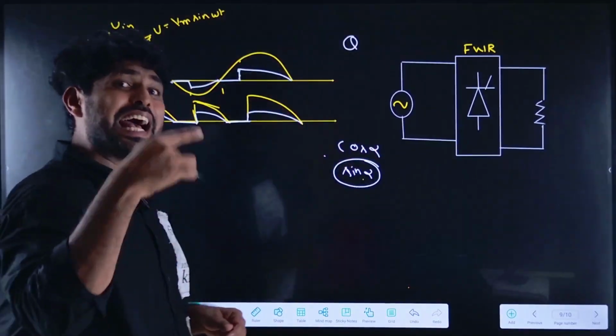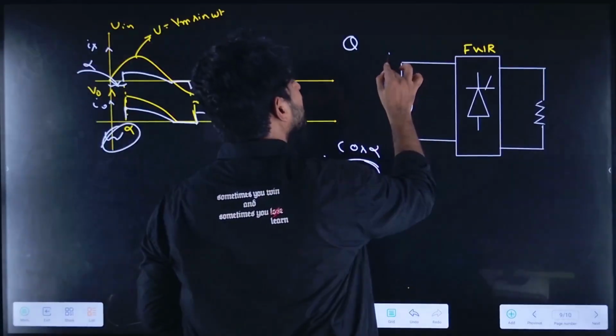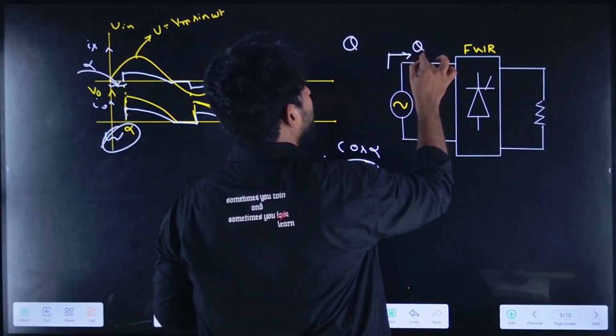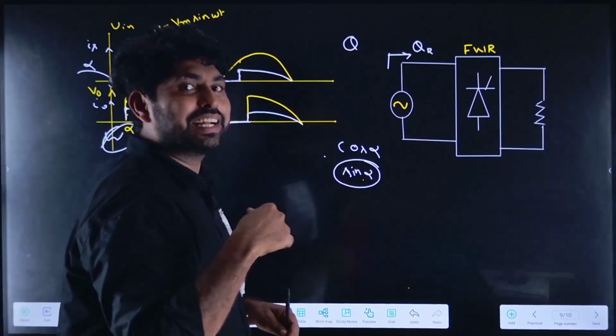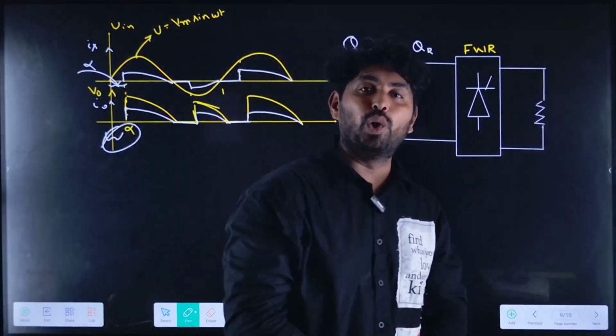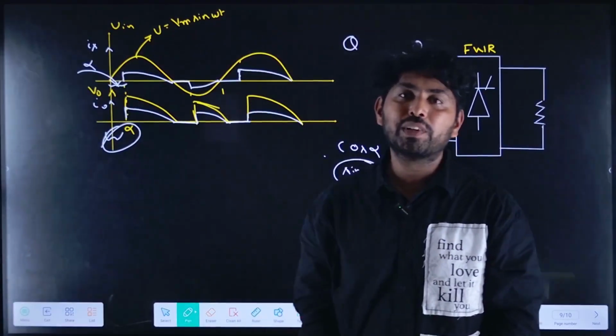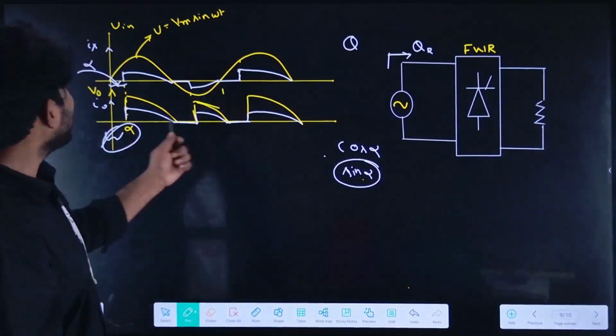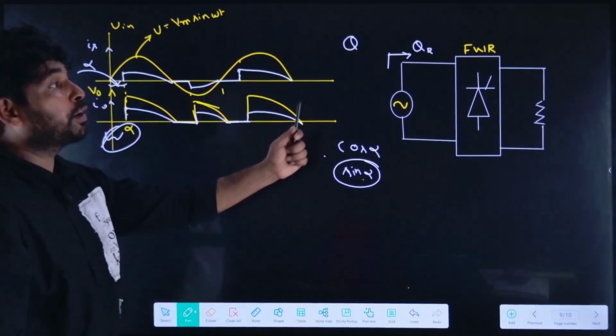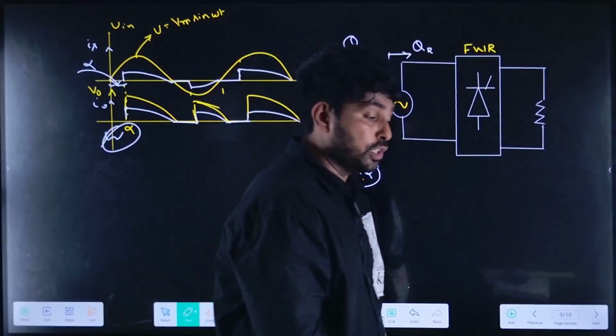The source has to deliver the reactive power, based on the load requirements. Based on the firing angle, the reactive power will change in the power electronic circuit also.